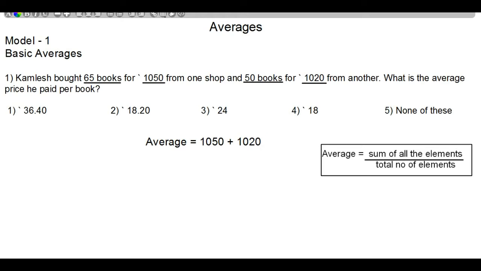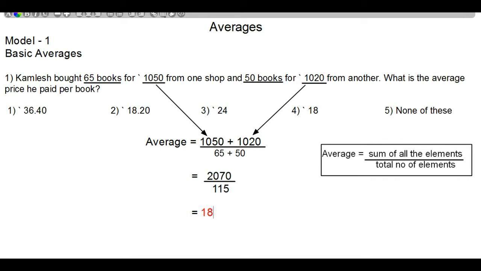This should be divided by the total number of books, which is 65 plus 50. Solving this, we get 2070 divided by 115, which is equal to rupees 18. So on average, Kamlesh has paid 18 rupees per book.